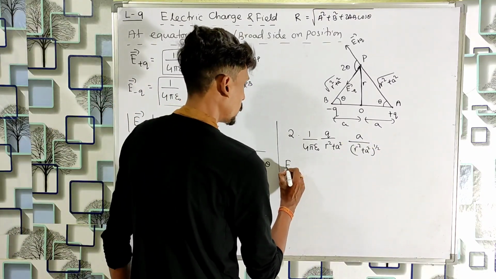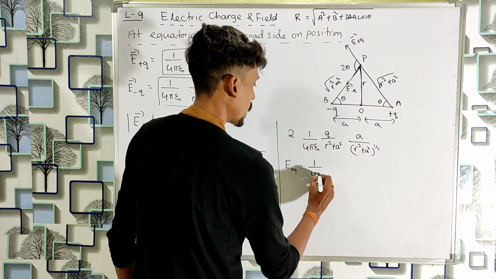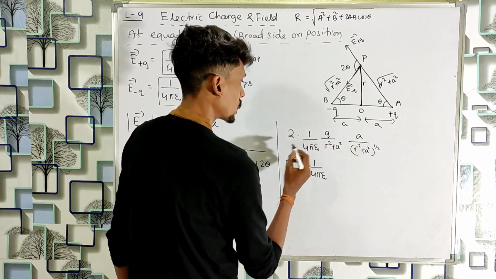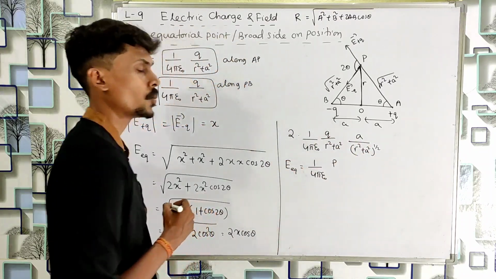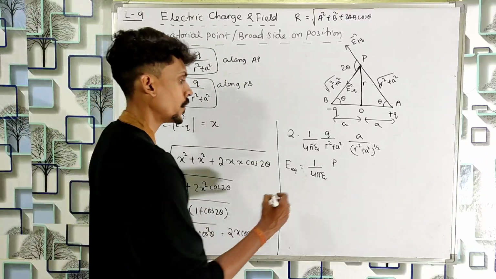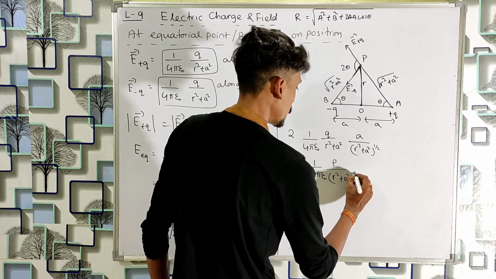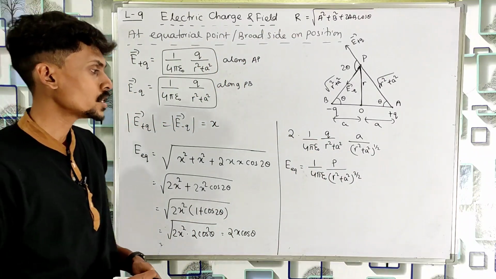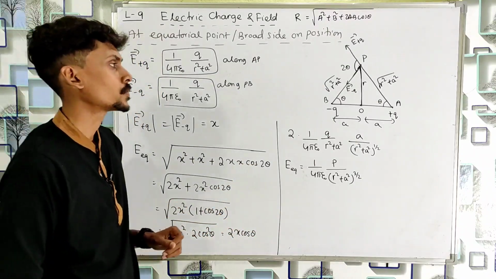So E equatorial magnitude will be how much? 1 by 4 pi epsilon naught q into 2a. Q into 2a is the dipole moment P, divided by r square plus a square power 3 by 2. Is that clear? So this is the magnitude of the electric field at the equatorial point.